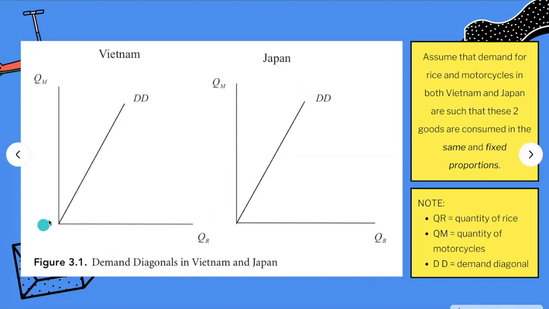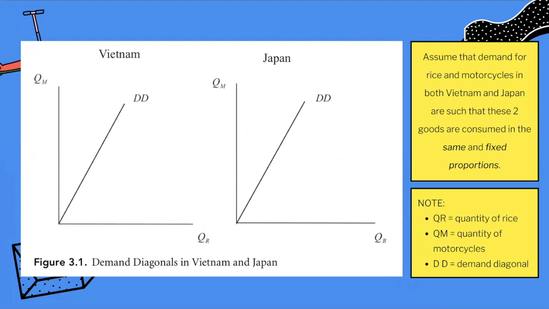We call this line DD, or demand diagonal. Any change in the demand for the two products will result in rotating the DD line, either up or down.